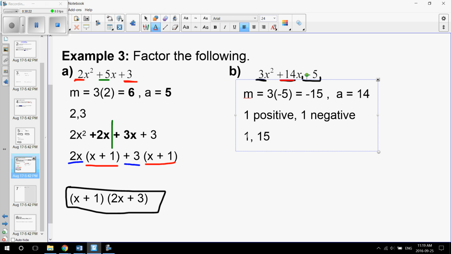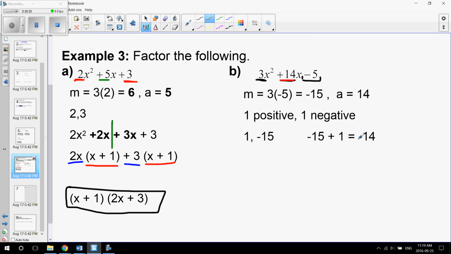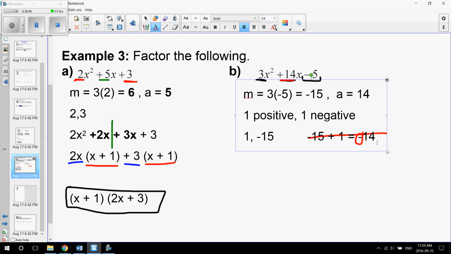So if we make the 15 negative, let's try and add those up. If we do negative 15 plus 1, that gives us a negative 14. So it gives us the right number, except that we have the negative sign out front, which isn't right. So we know that this one's not going to work. So let's try and switch those signs around.